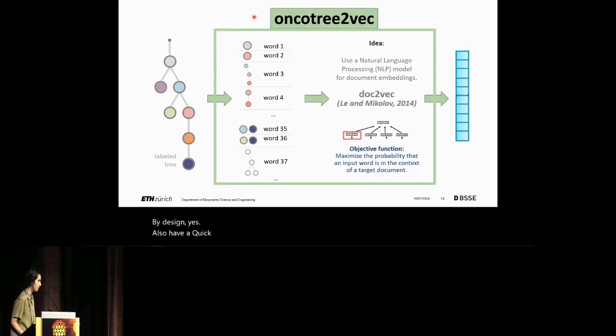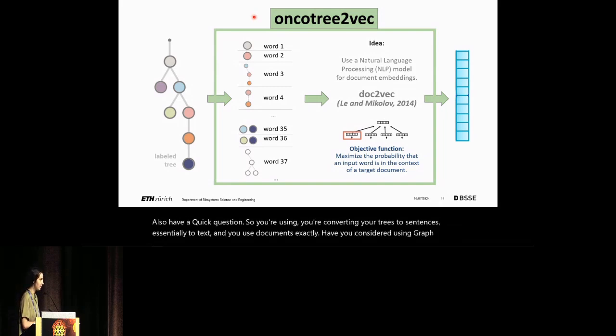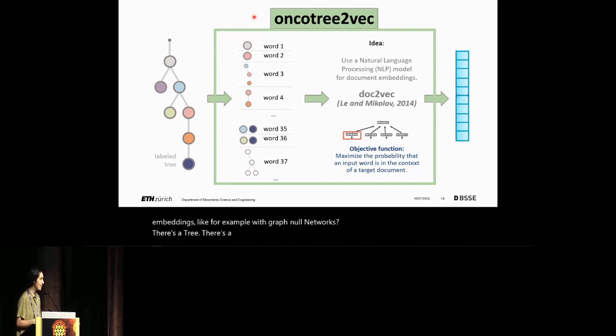Also have a quick question. So you're converting your trees to sentences, essentially, to text, and you use document embeddings. Have you considered using graph embeddings, for example with graph neural networks? Because a tree is a graph. This is a much simpler method, with a simpler network architecture than graph neural networks. So there's no need to try something more complex because this works and this is interpretable.